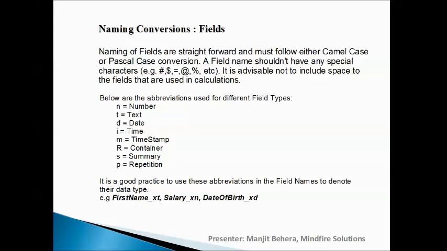Then there is a naming convention to notify the type of field. The abbreviations usually used for field type notification are: N is number, T for text, D for date, I for time, M for timestamp, R for container, S for summary, P for repeating fields.